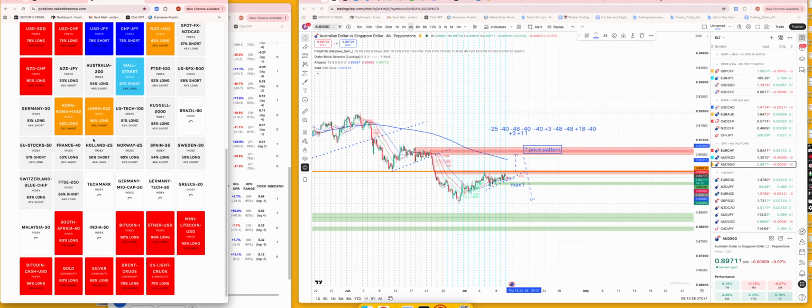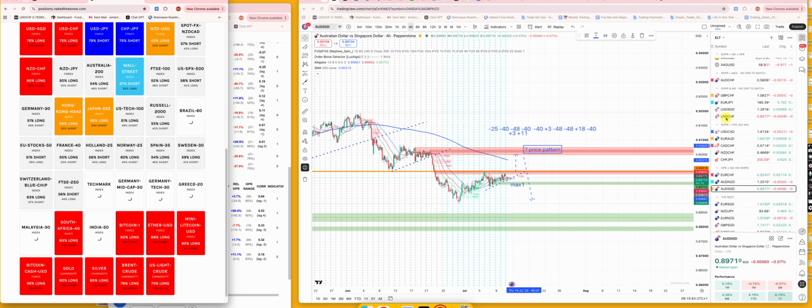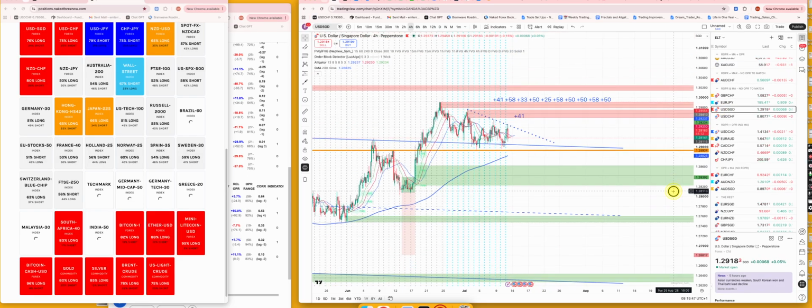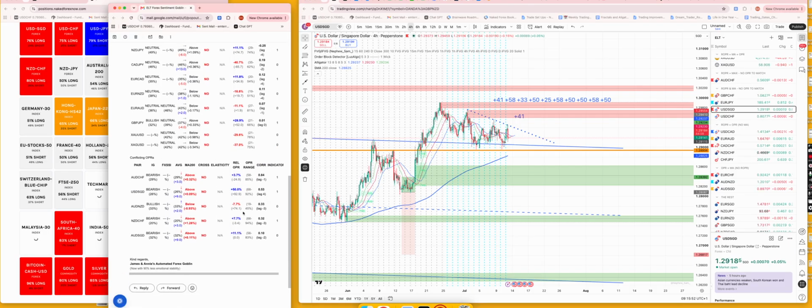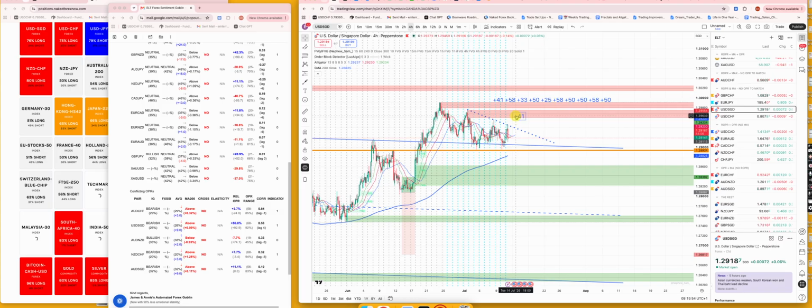Aussie Singapore, so we went USD Singapore, and I think, so what's happening on this one? USD Singapore is down there and it's plus 50. It doesn't know what it's doing, does it? So we don't have the relative, that's in the wrong box. No relative OPR.